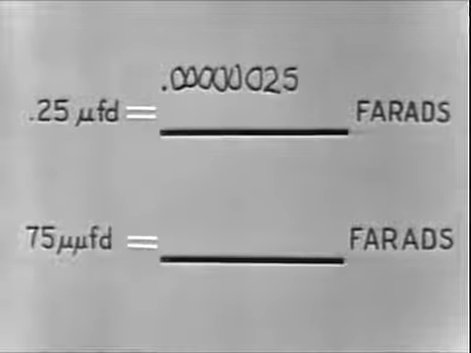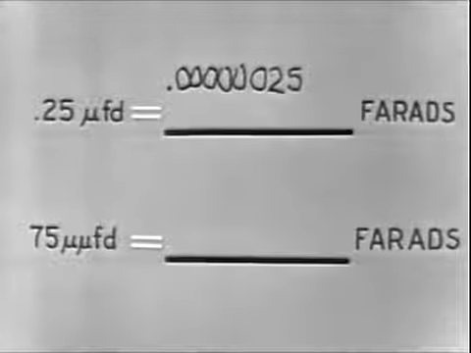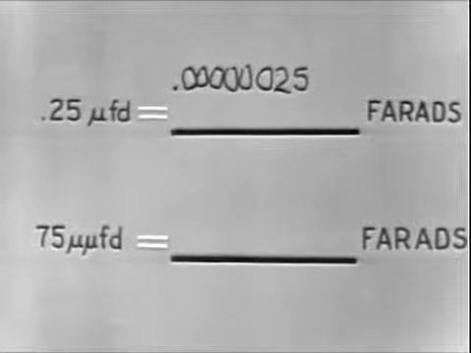This is the way to express the value, 0.25 microfarads in farads. But you also know how to use the powers of 10, and that's the simplest way to write this number.